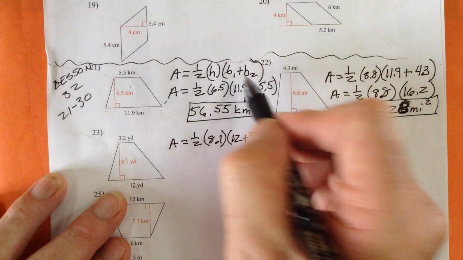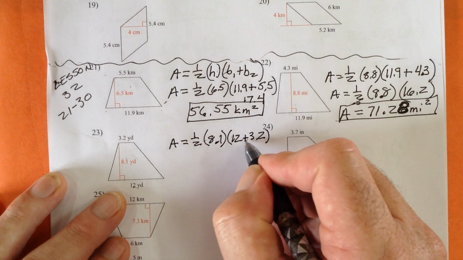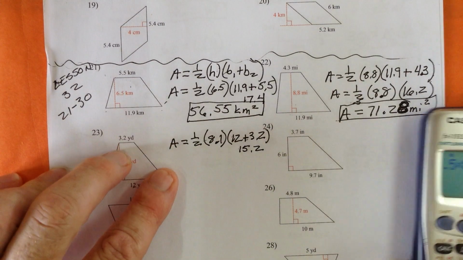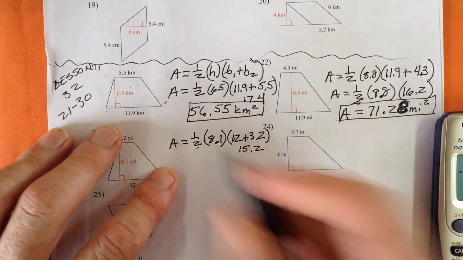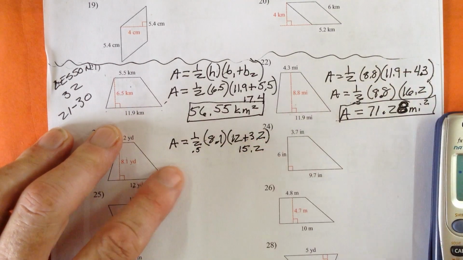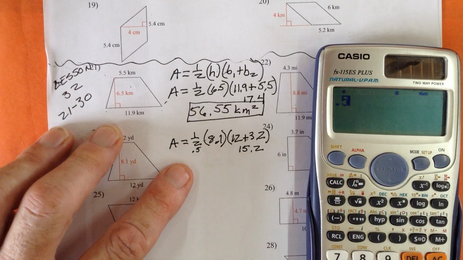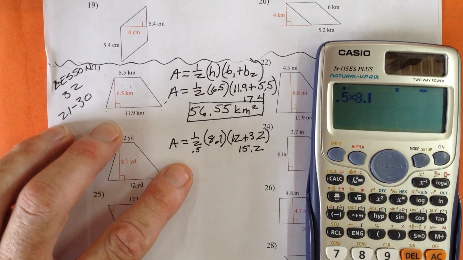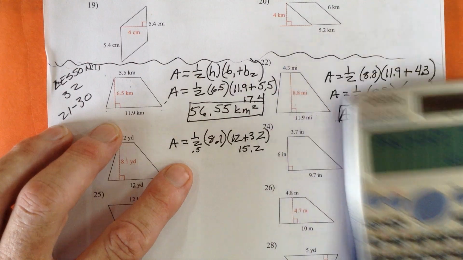Okay, base 1 plus base 2. So 12 plus 3.2 is going to be 15.2. Again, you can go 15.2 times 8.1 and divide it by 2, or I like doing this, just 0.5 times 8.1 times 15.2 equals 61.56.